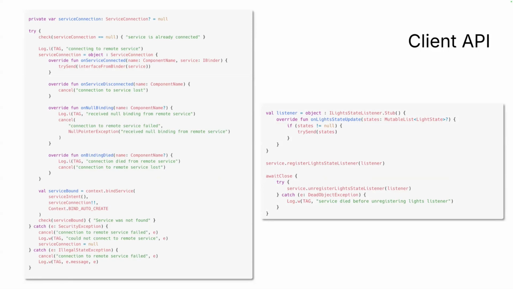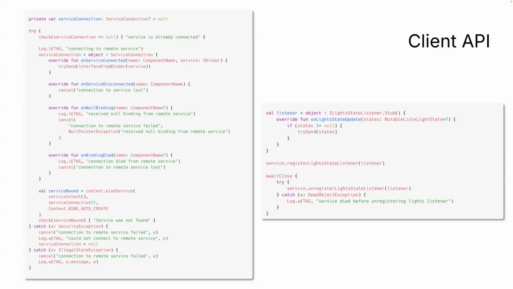You need to listen to a lot of service connection callbacks, which are not really the scope of the actual case that we want to cover here. What we want is to be able to change lights and get notified when some light changes. A third-party developer should not care too much about the implementation details for this connection.